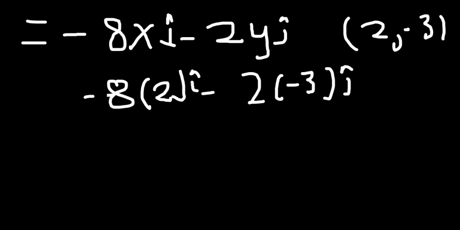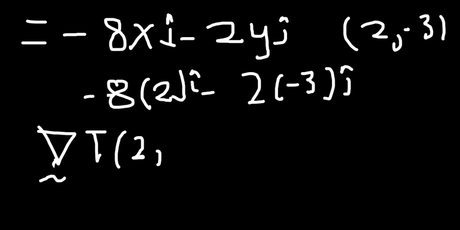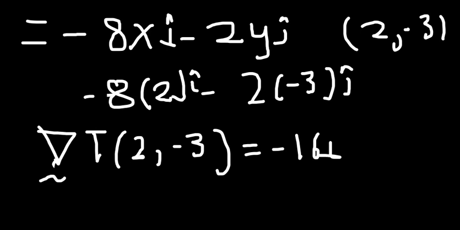Once you do that, we're going to say our grad T at the point (2, -3) is equal to negative 4i plus 6j.